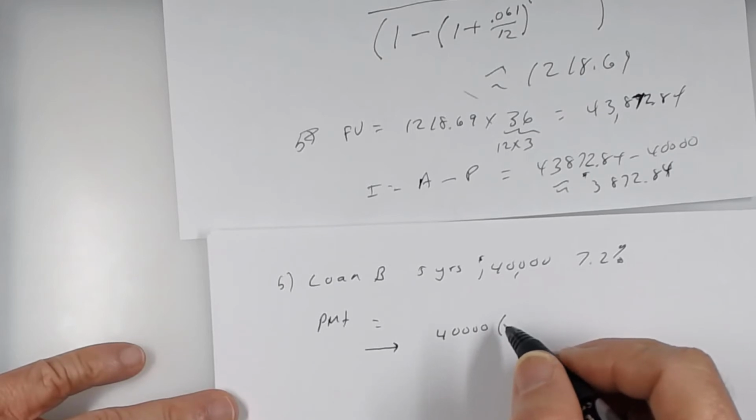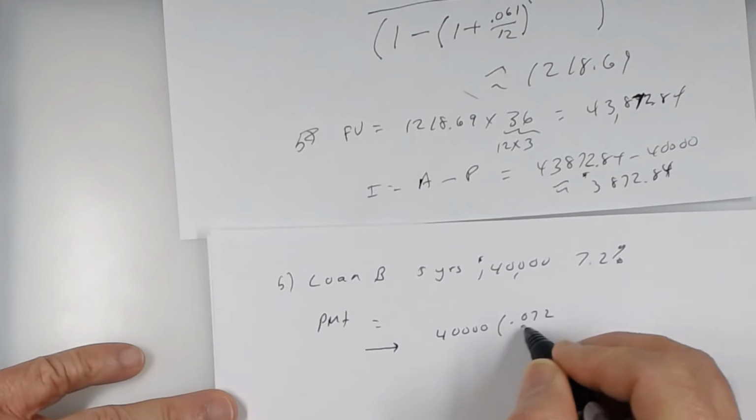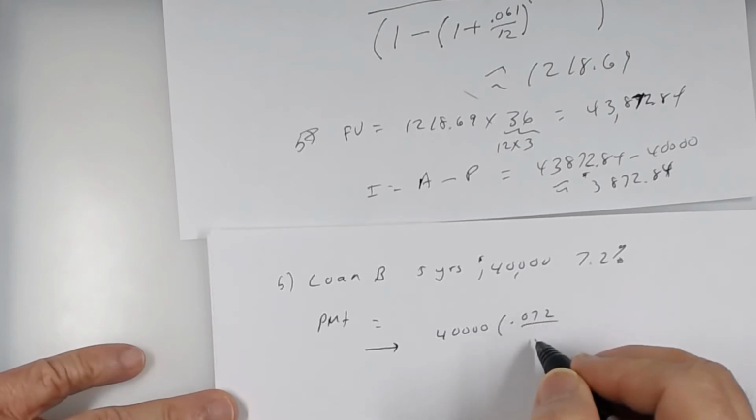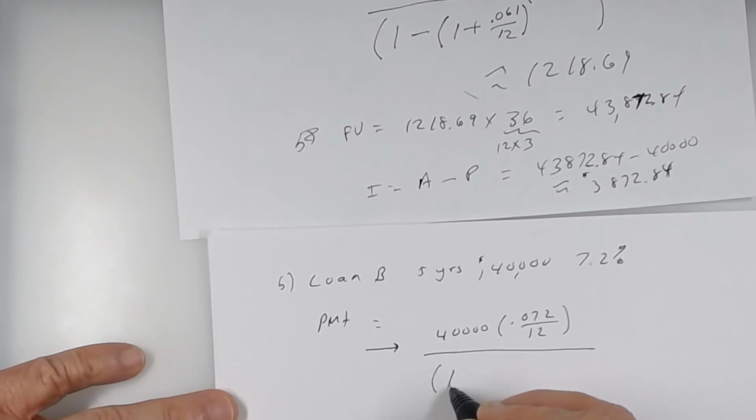How do I write R as a decimal? Tell me what to write. 0.072. Divided by, what do I divide that by? 12. Denominator, parentheses, 1 minus, parentheses, 1 plus.